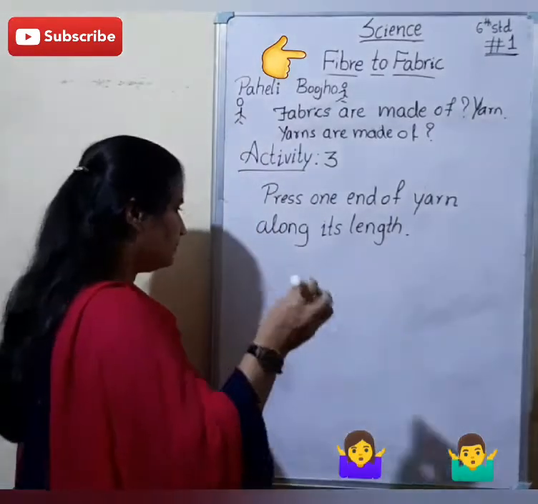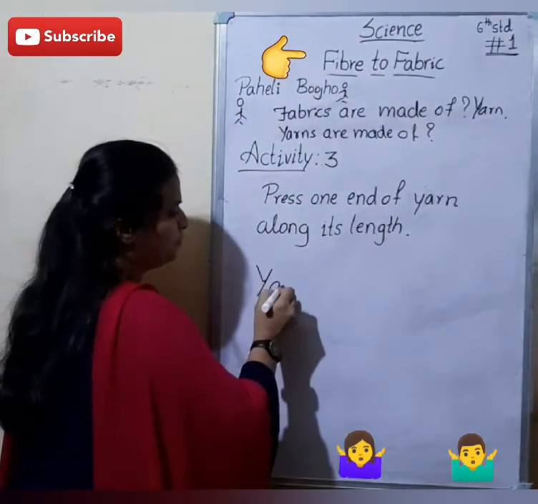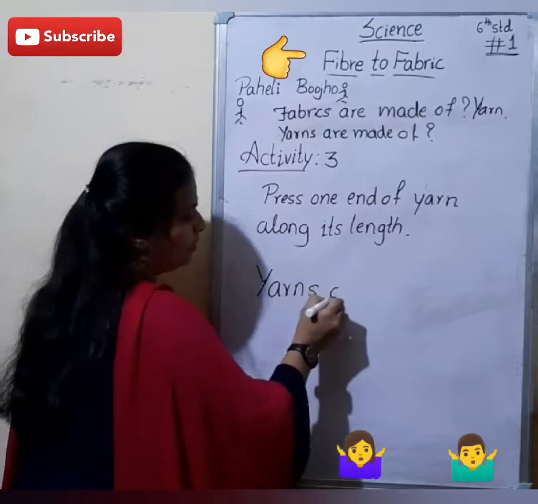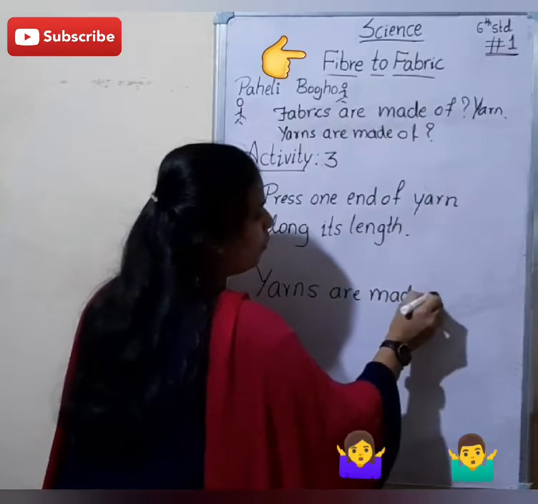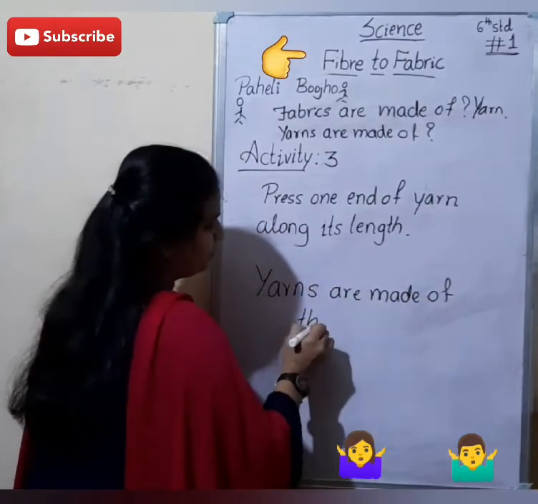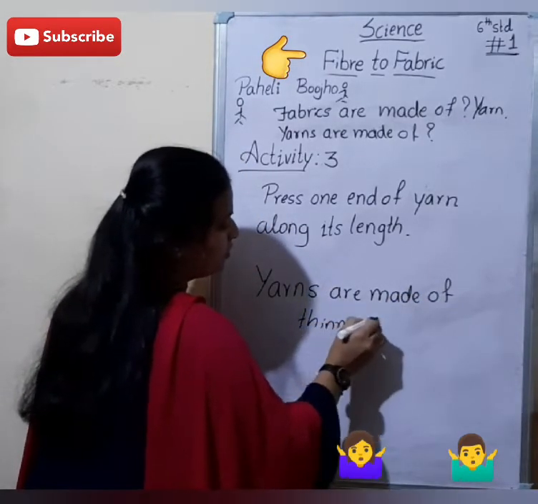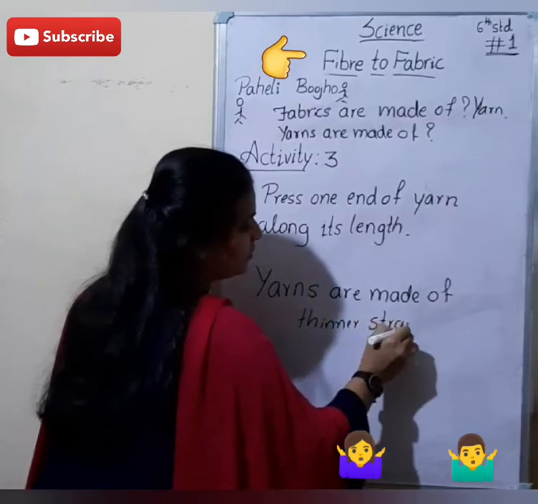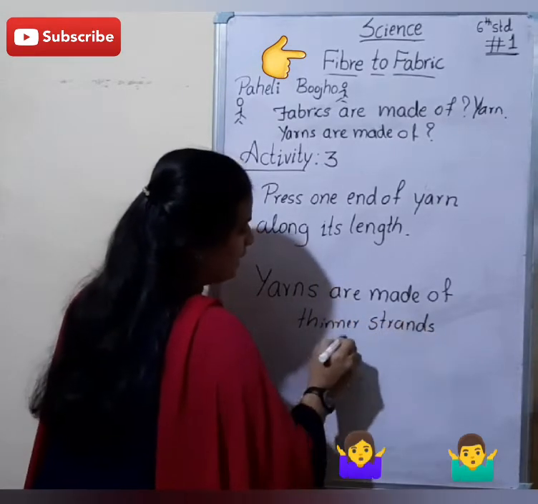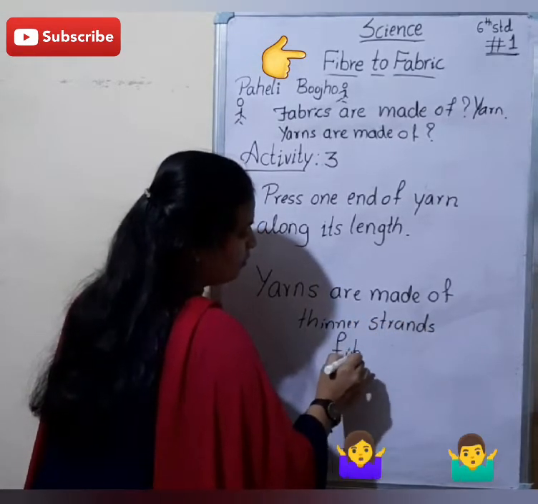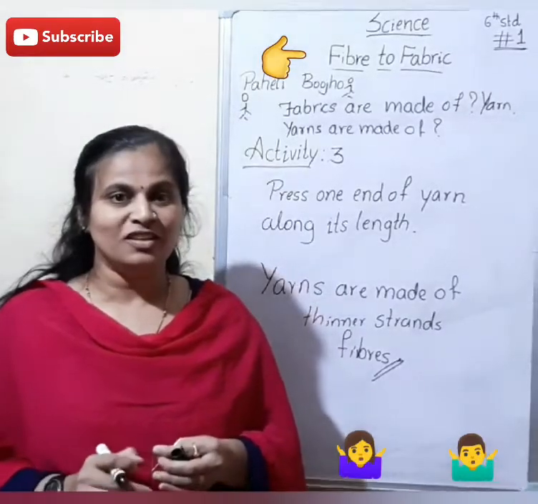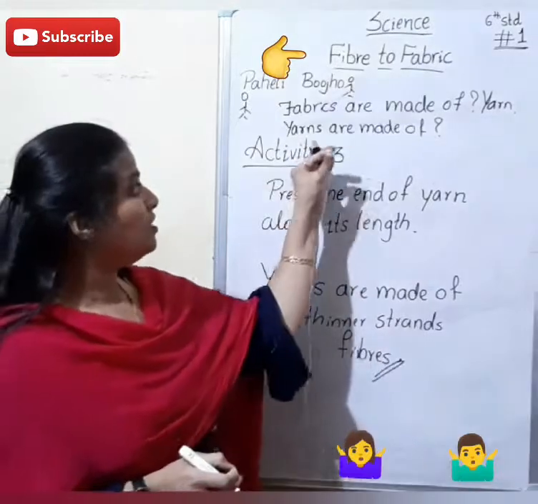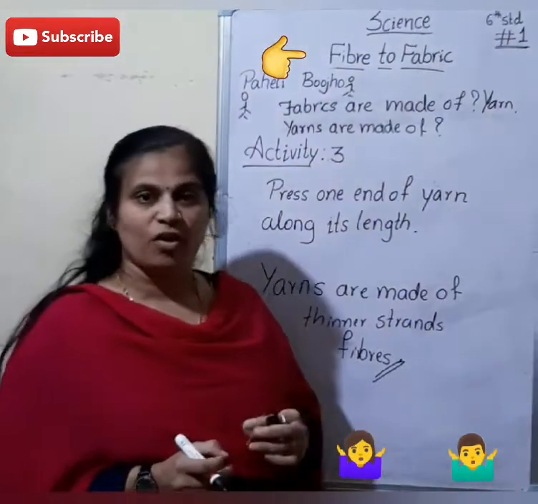What are yarns made of? Yarns are made of thinner strands called fibers. Okay, that is the answer to the question, what yarns are made of, right?